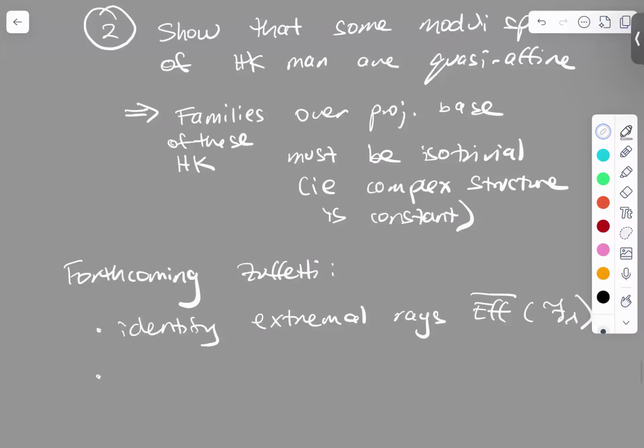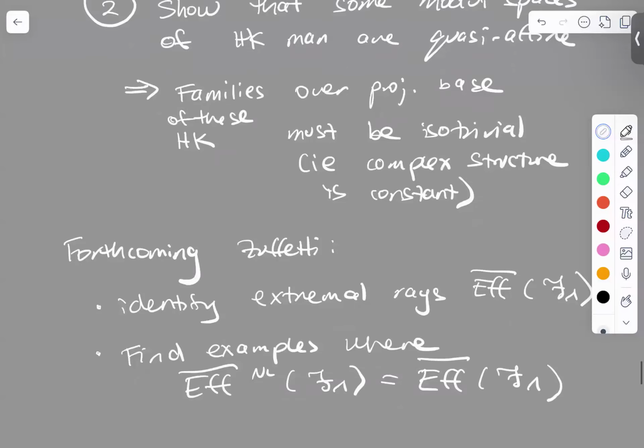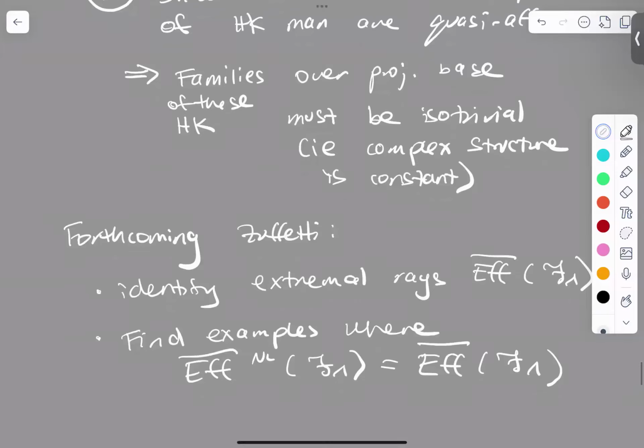And then lastly, one can find examples where we have equality of these two cones. So it gives us a way to actually compute this pseudo-effective cone, which in turn we said tells us about birational contractions of our moduli spaces.